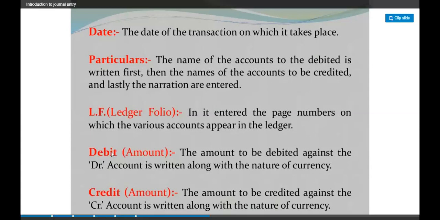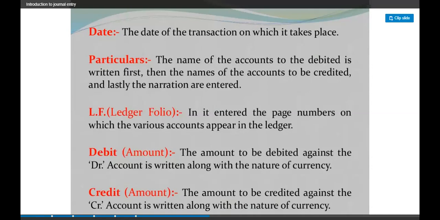Okay. Then is the column of debit amount, in which any account which is to be debited, you will be writing like this. The amount to be debited against the debit. DR is the short form of debit account, which is written along with the nature of currency. जैसे हम लोग rupees में लिखते हैं, so debit amount will be written in the debit account and credit amount will be written in the credit account.